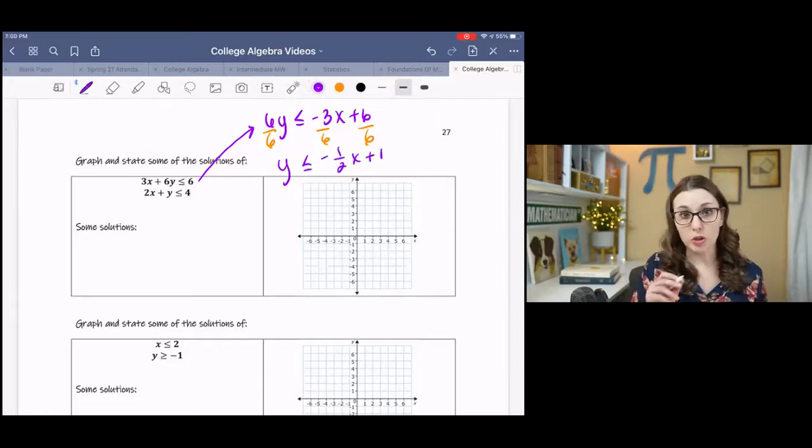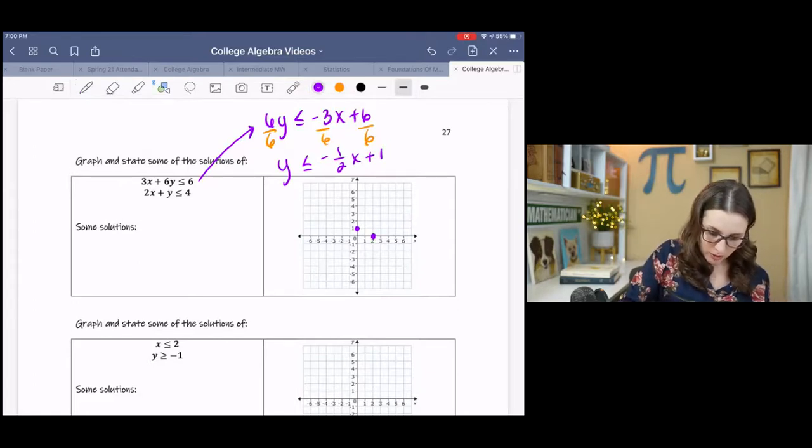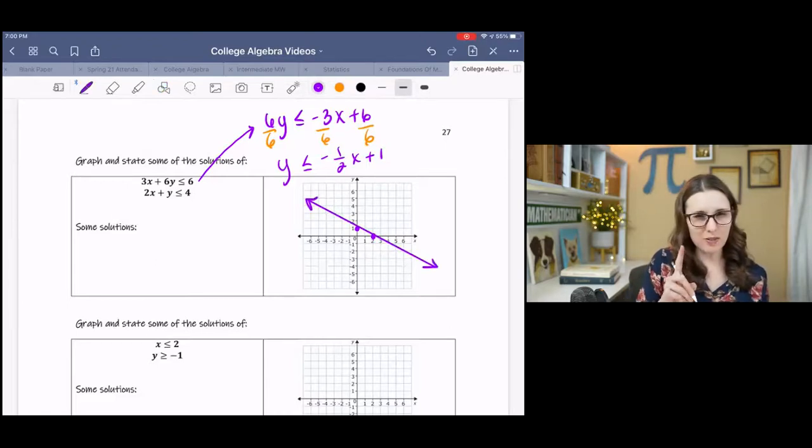So you could graph this line. -1/2 x plus 1 goes through 1, down 1 over 2. This is a solid line. That's pretty close. That's a little better. Not great, but a little better. And I'm going to save the shading.